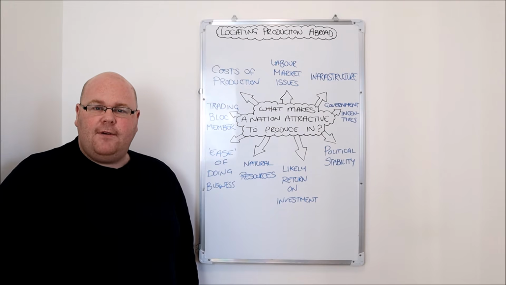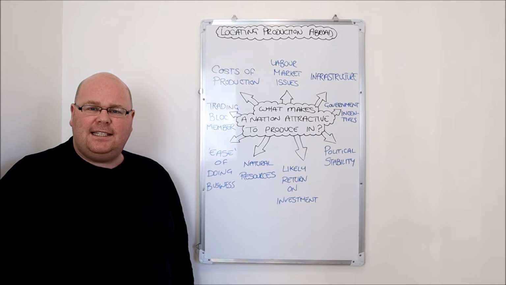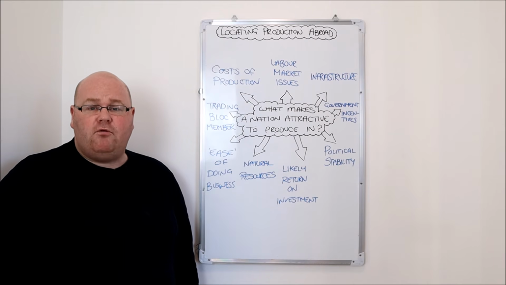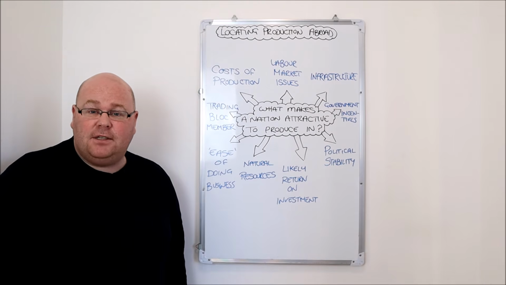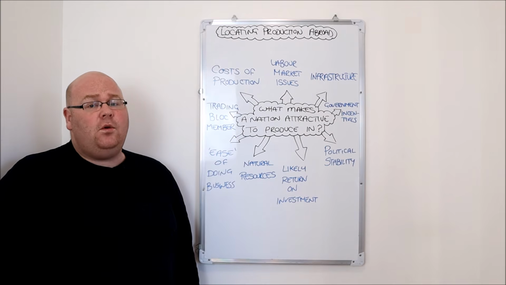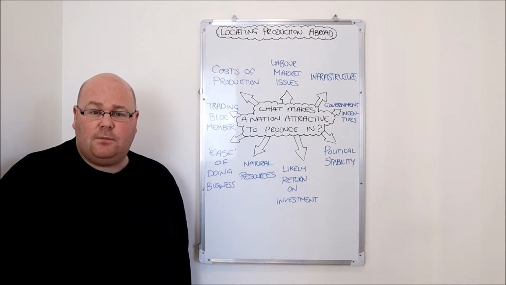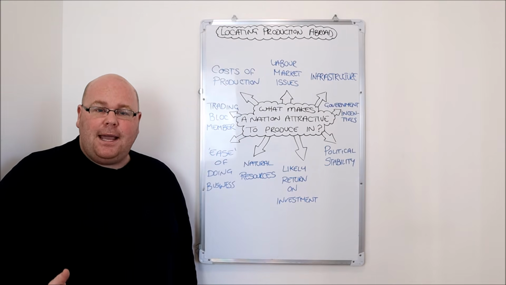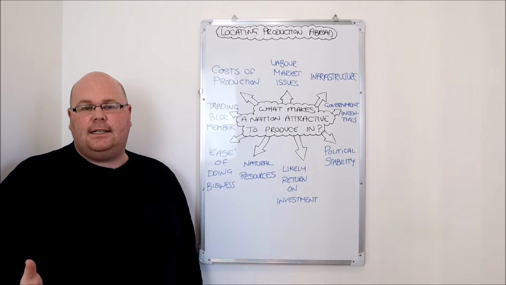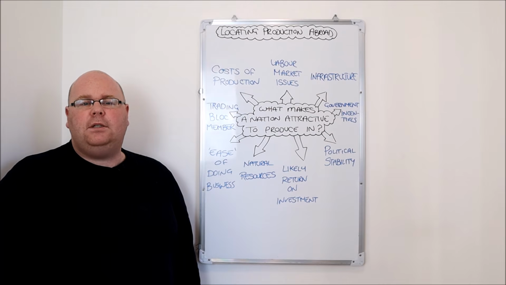Businesses don't want to invest millions of pounds in production facilities in nations where doing business is difficult, where corruption might be rife, where government interference might be high, where the laws might be unfavourable to businesses or the tax rate might be unfavourable to businesses.